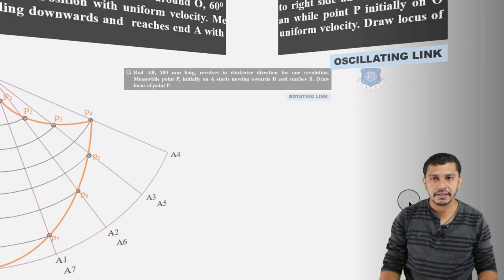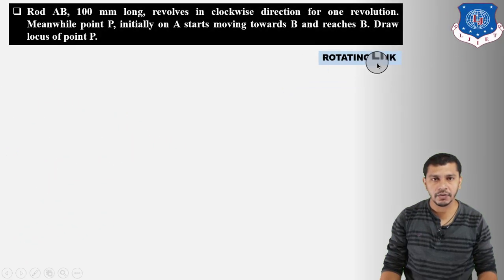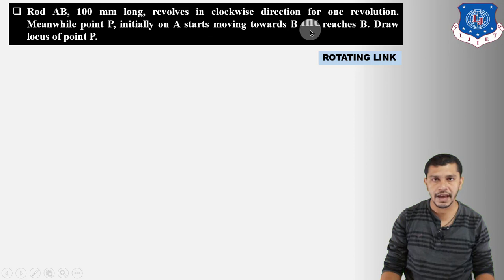Now let's move on to the next example, which is the example of the rotating link. Rod AB, 100 mm long, revolves in clockwise direction for 1 revolution. Meanwhile, point P, initially at A, starts moving towards B and reaches B when the rod AB completes 1 revolution.